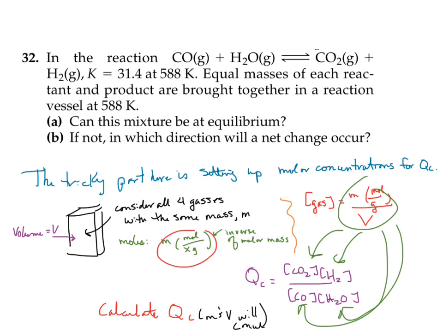Your volumes are going to go away. And you'll be left with a real live number at the end there. That will be your Q. And then they give you K. K is that 31.4. Compare what you get with K, and that would be it.